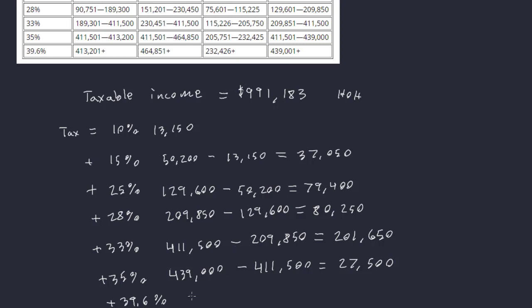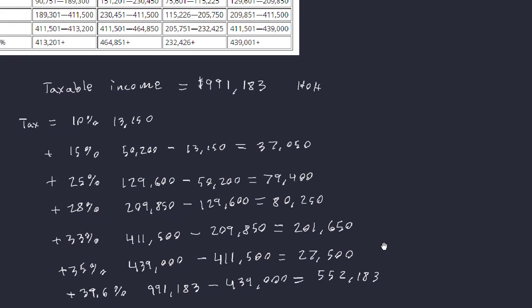So we take the actual taxable income now, this 991,183, and we subtract the 439,000 to get 552,183. So it's going to be 10% of this, 15% of this, 25% of this, 28% of this, 33% of this, 35% of this, and then 39.6% of this last one.